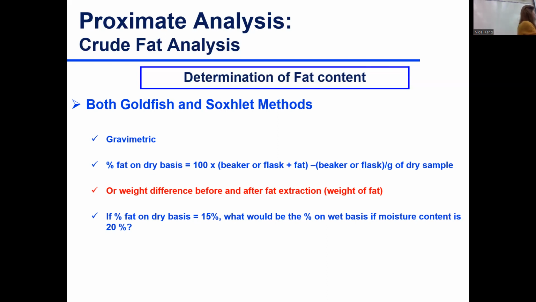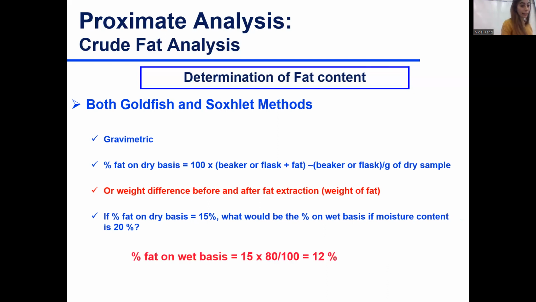So just determine the 12%. Yes. So 20% moisture in wet basis, so your total solid based on wet basis is 80%. 15 times 80% is 12%.